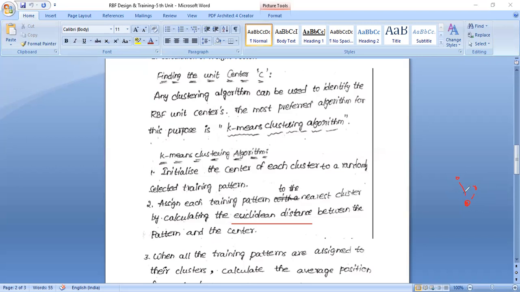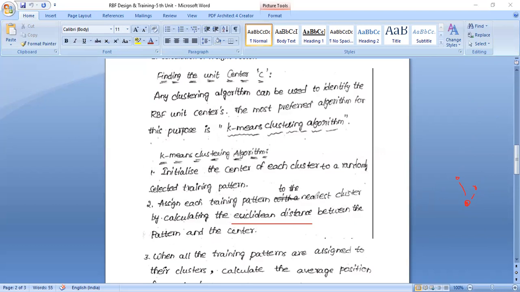So after calculating the distance between the center point and the pattern, you may call it a pattern or a data point, a data pattern also, it is near to this particular center point. So we have assigned this pattern to this cluster. Like that, we assign each and every training pattern to the nearest cluster by calculating the Euclidean distance between the pattern and the center point.